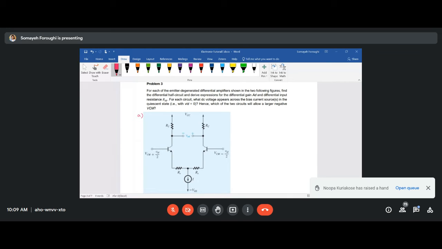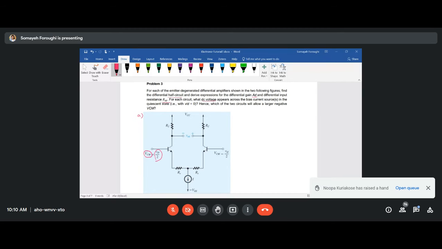Find the differential half circuit. First of all, find the half circuit. Derive expressions for differential gain AD and differential input resistance RID. And then for each circuit, what DC voltage appears across the bias current sources? It means we're talking about that VCM. This is your DC, and you know that this is the AC part.